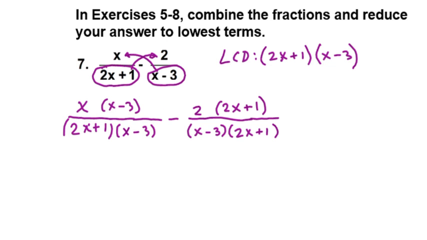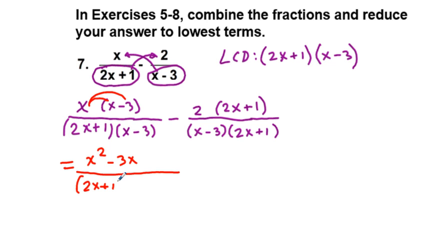But anyway, we can now distribute x times x times negative 3. So we have x squared, x times x is x squared, minus 3x. And we still have this thing here, quantity 2x plus 1 times quantity x minus 3.